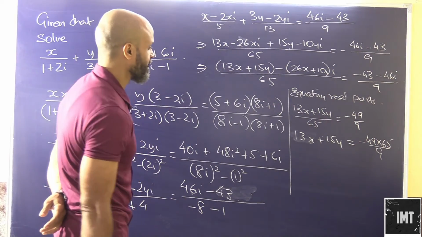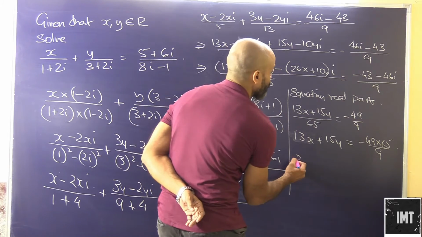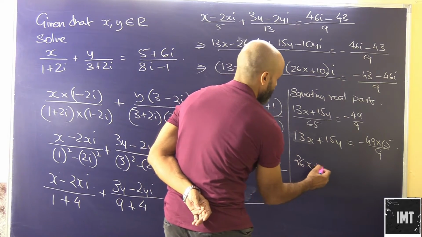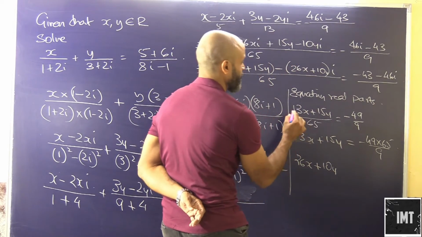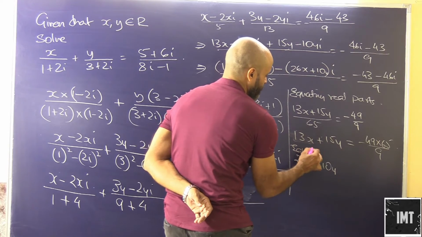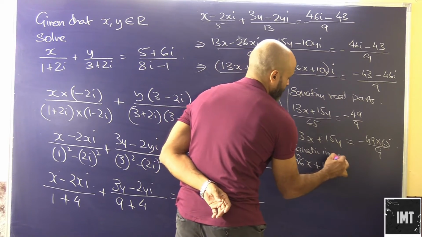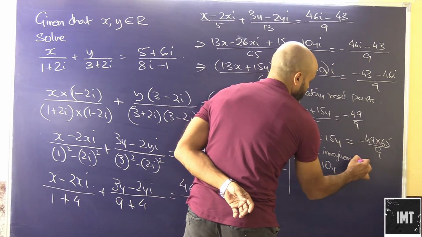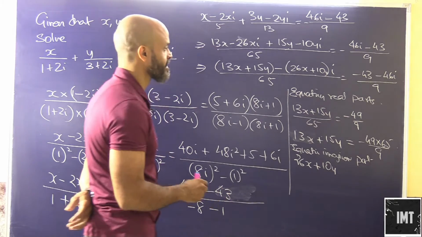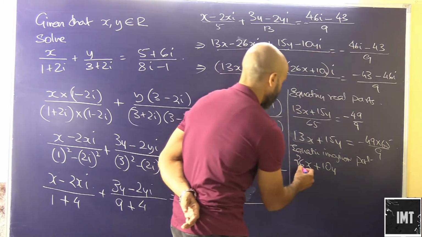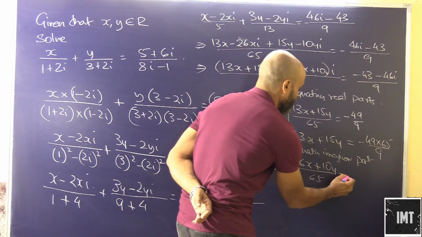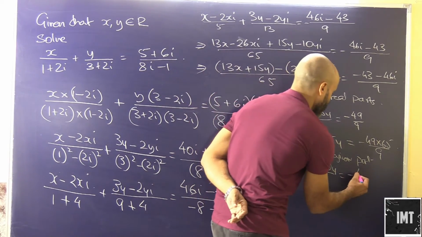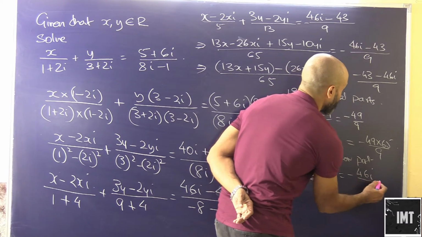Okay. In the same way, we can say 26x plus 10y, equating imaginary parts, we have 26x plus 10y by 65 is equal to minus 46i by 9.